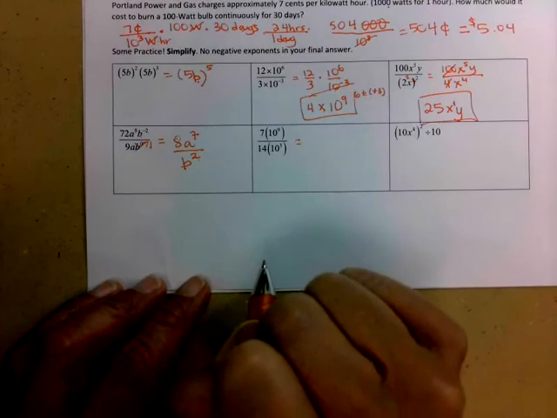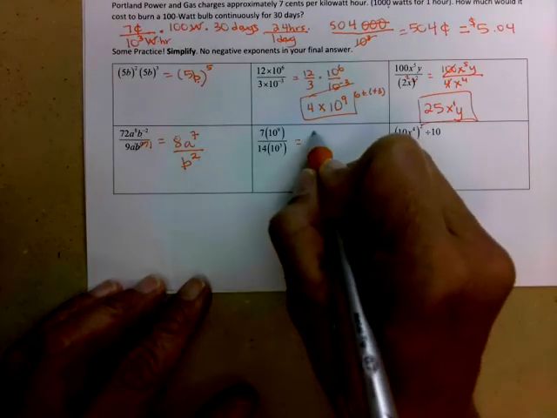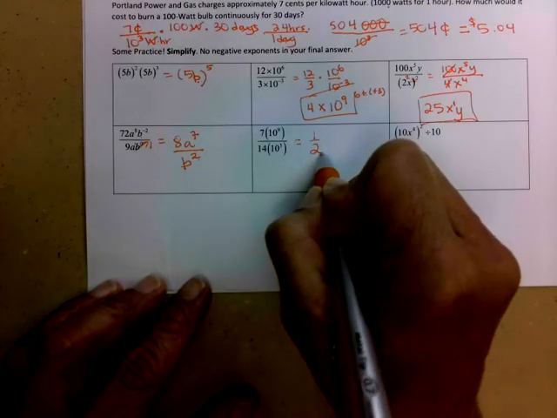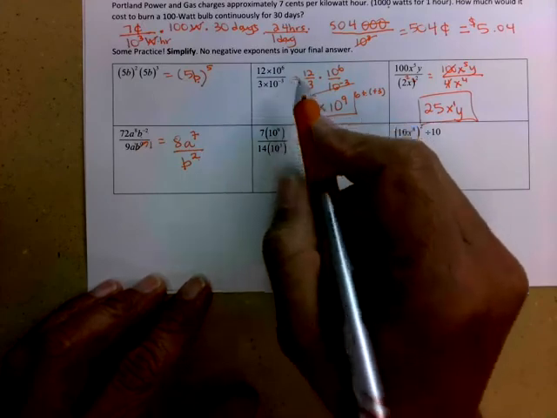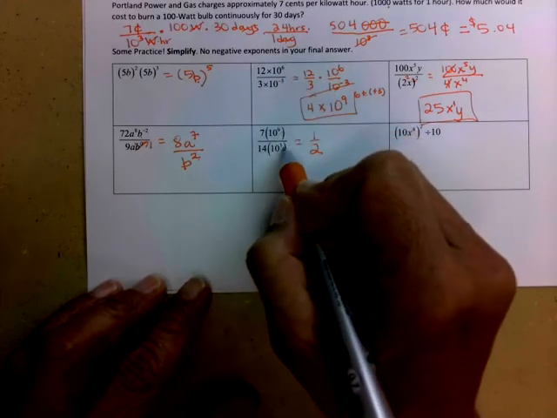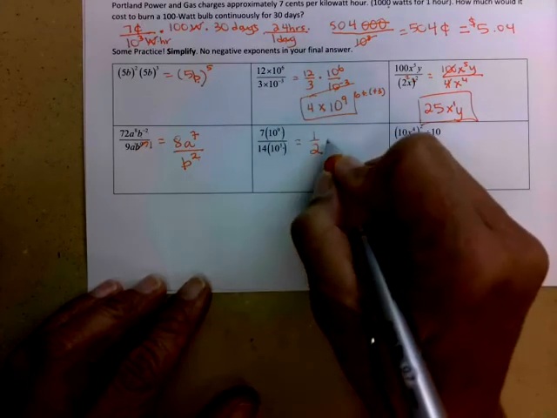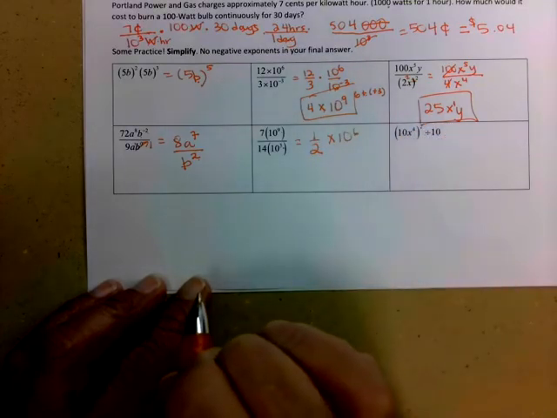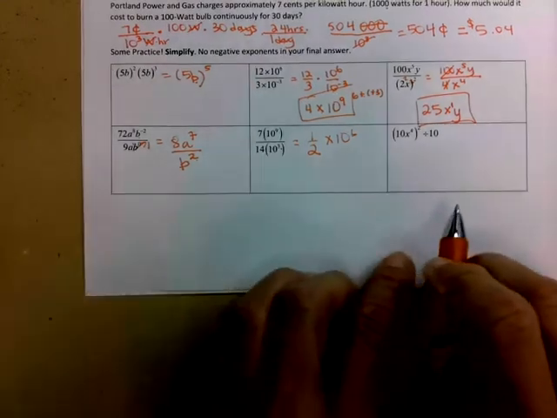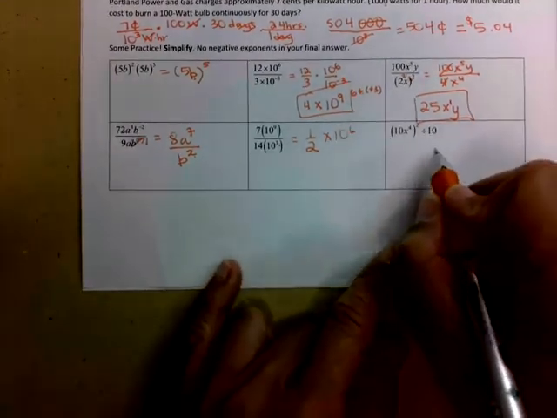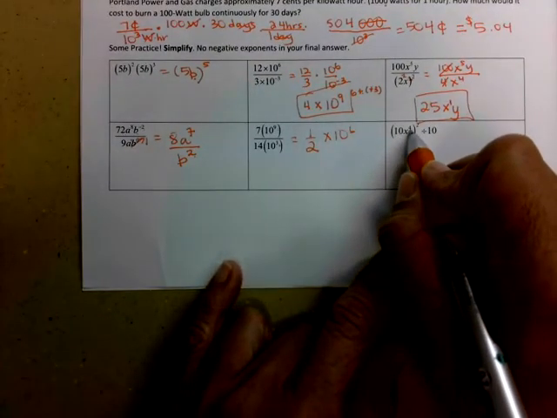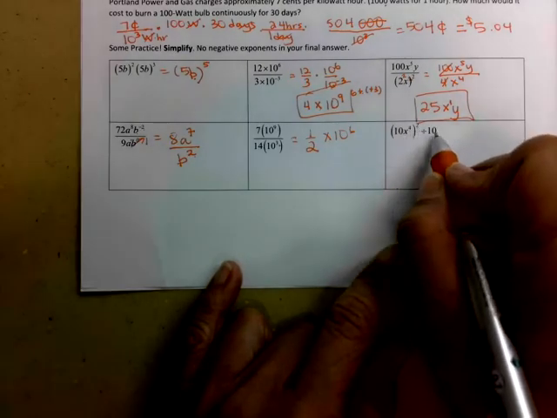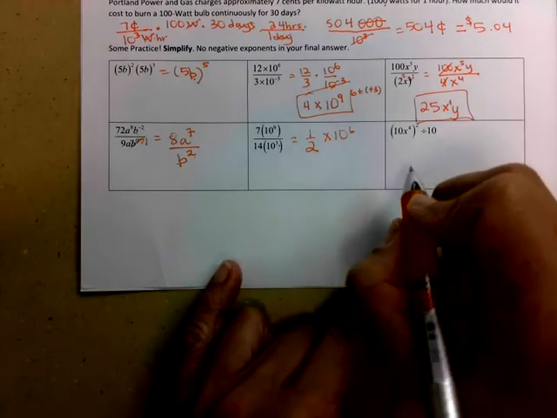All right, here we go. 7 over 14, 1/2, just like we did above, and then 10 to the 9th divided by 10 to the 3rd, so times 10 to the 6th. And what do we have here? 10x to the 4th squared divided by 10. Let's see.